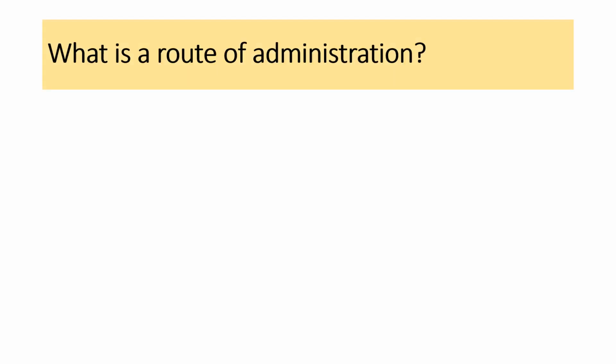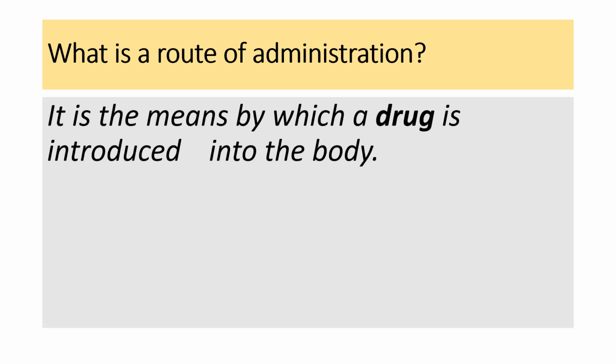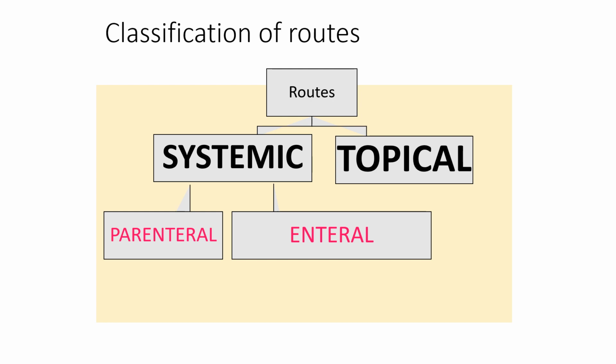So, what is a route of drug administration? It is basically the means by which a drug is introduced into the body. So we shall now classify the routes of drug administration.